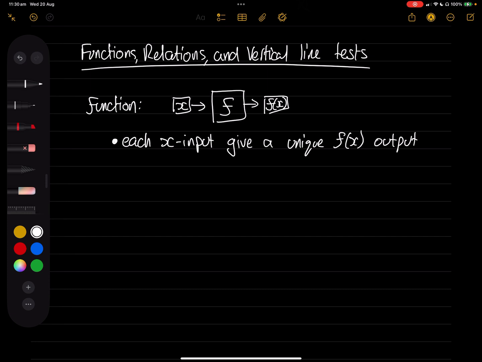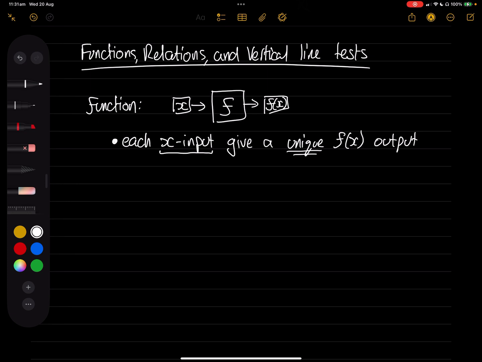Now, what do I mean by this? Well, what this means is if you put an x value in, you get one. In this sense, we mean unique to be a single. For each x input, you get a single f of x out of the function.